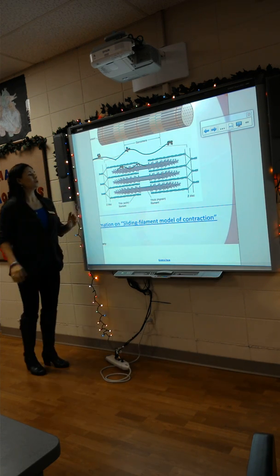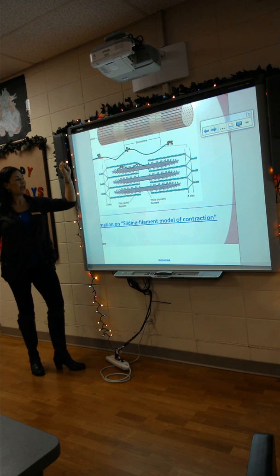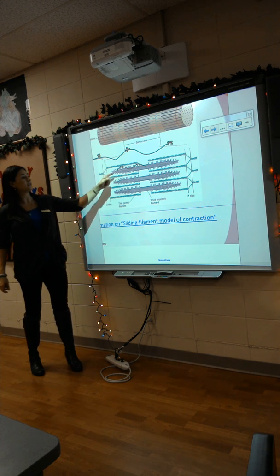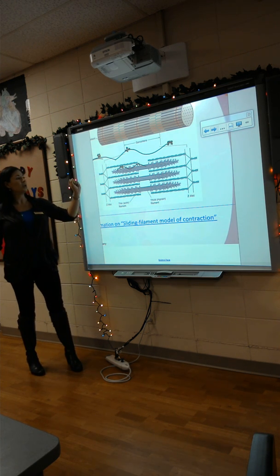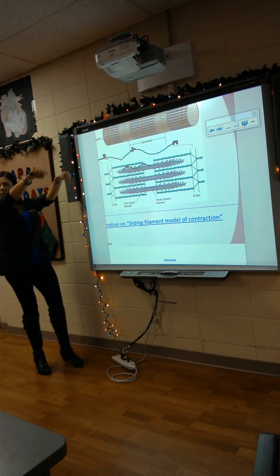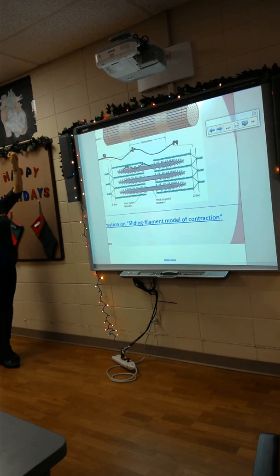Why that is important is because myosin, with those little heads that are sticking up, they kind of look like golf club heads. What they do is, because these two filaments are not touching, myosin will reach up and it will grab onto the actin and it will pull it. Release and grab it again, pull it.